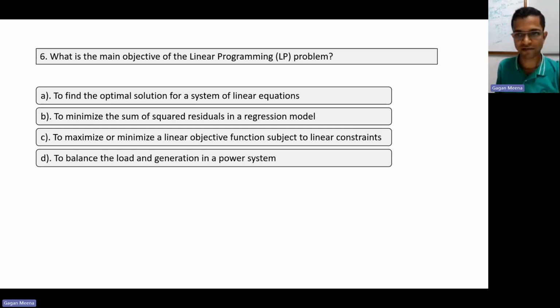Because while optimizing, the dynamics is not considered. The dynamics is handled by the control part.